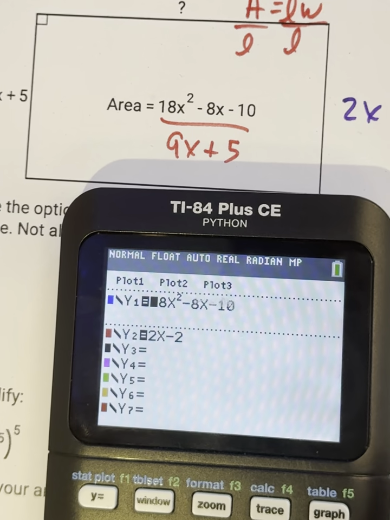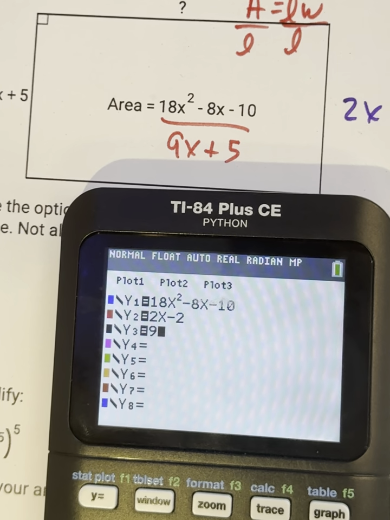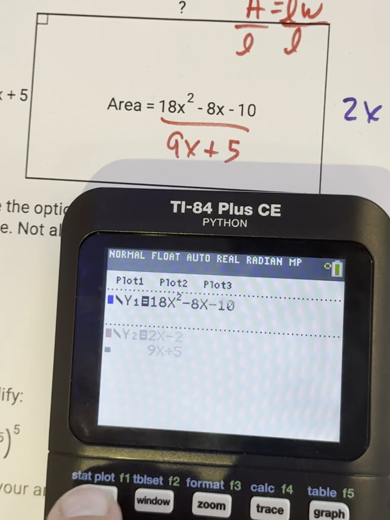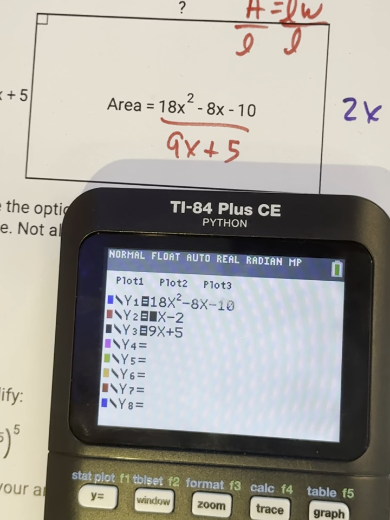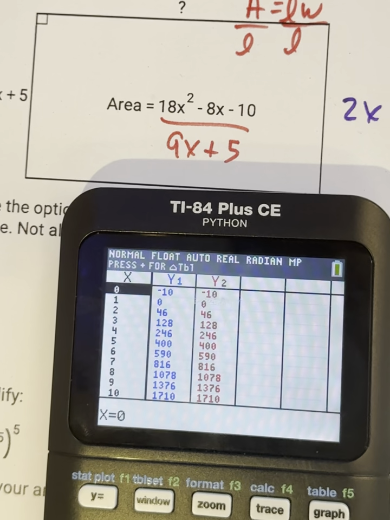And then if I put the other side of it, which is what I divided by, 9x plus 5, it's going to go through the other side. And of course, if I multiplied them, so putting parentheses, 2x minus 2 times 9x plus 5. Clear that one. The tables should be the same.